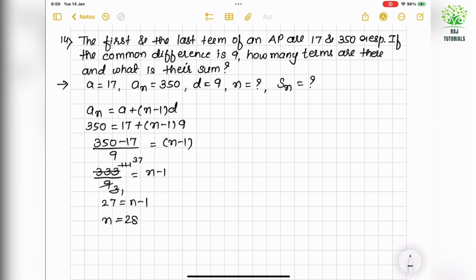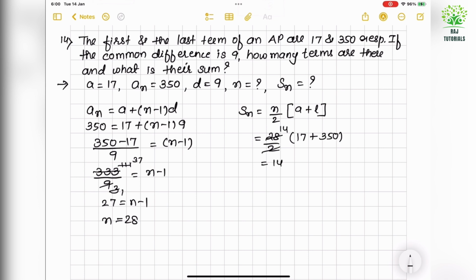Now I have to find Sn. So Sn will be equal to n upon 2 into 2a, or I can use directly the l formula. Why should I use 2a? a plus l. So here n is 28 upon 2 into a is 17 and l, that is an, equal to 350. So directly 14 into (350 plus 17) I have to do.